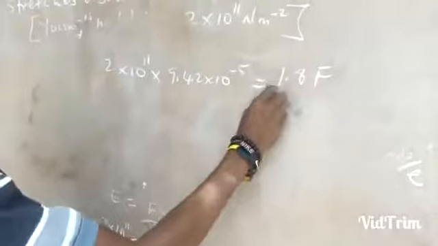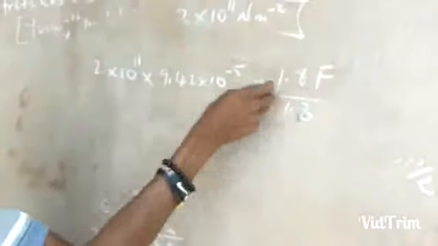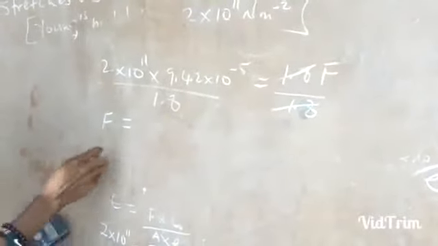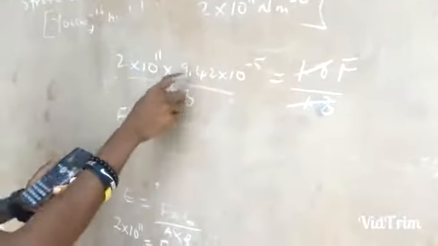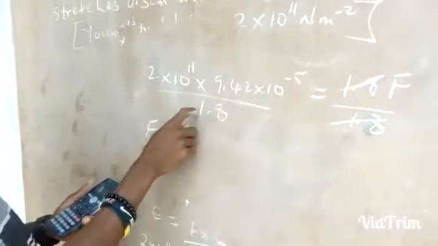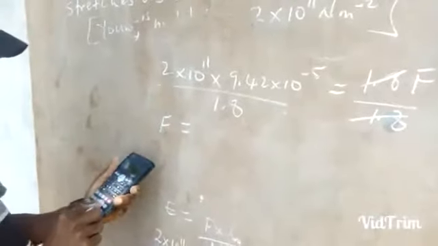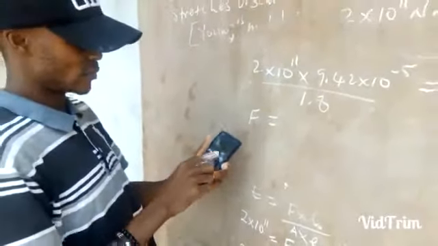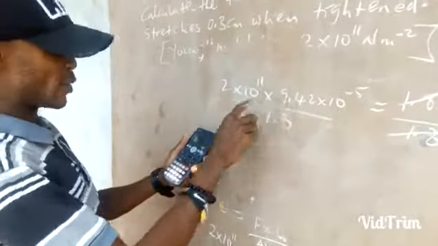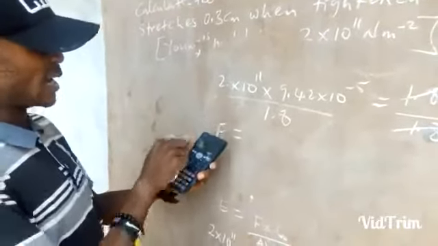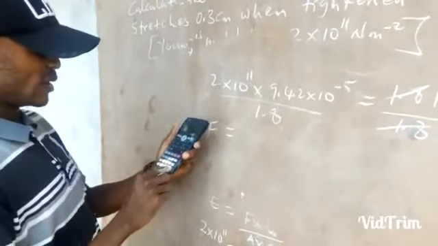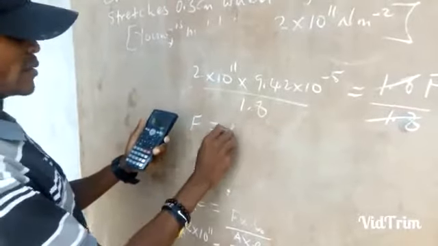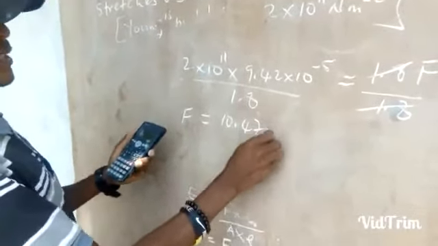For us to get F, you divide both sides by 1.8. So the expression for the tension is 2 times 9.42 divided by 1.8, then you go to the powers. 9.42 times 2, the answer divided by 1.8, will give me 10.47 times 10 to the power.